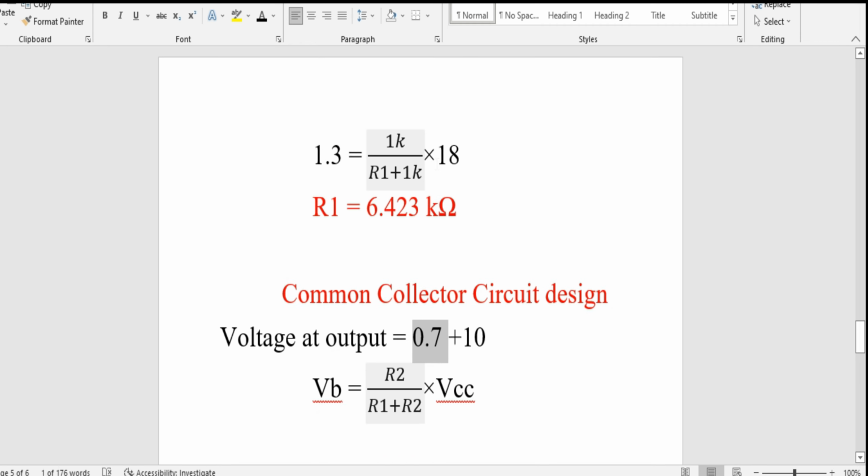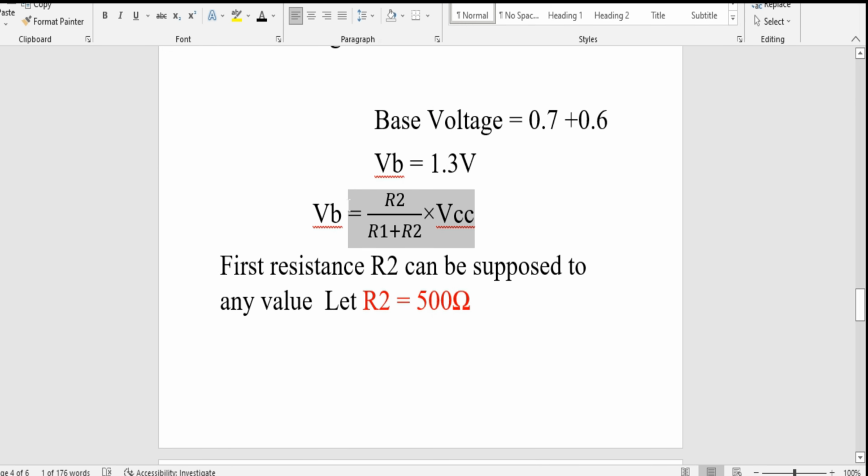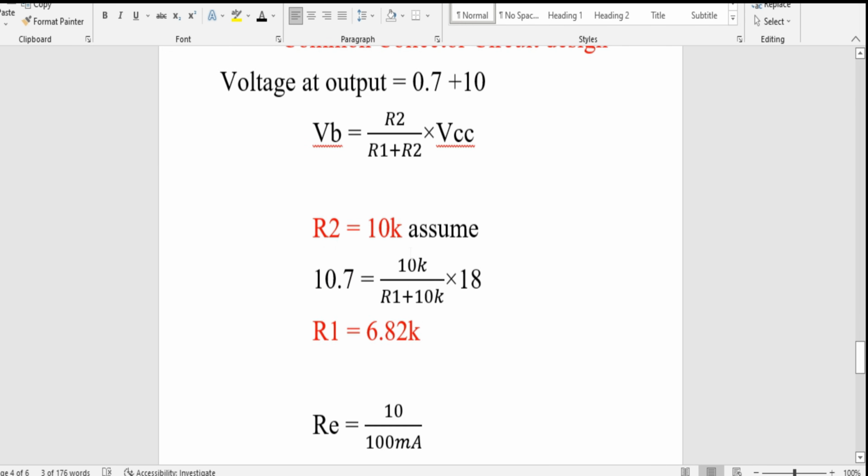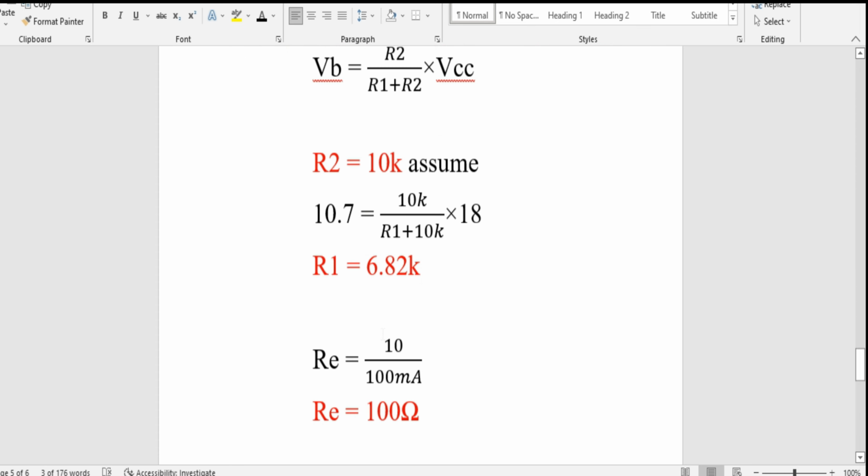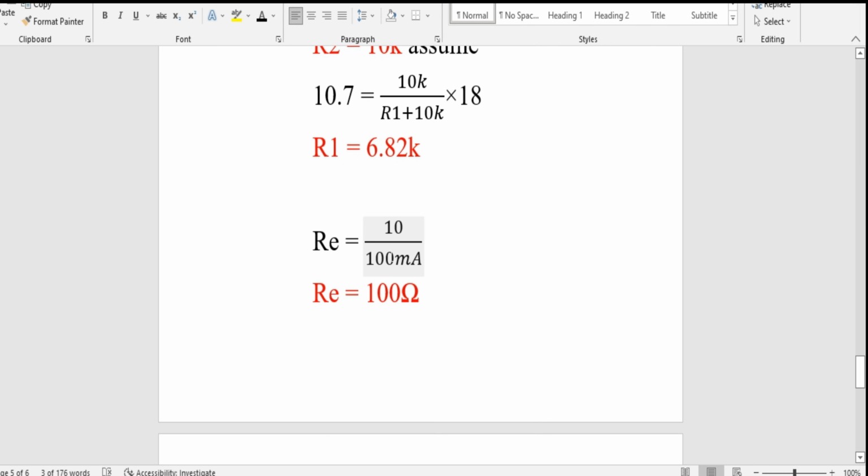So again, using the same formula which I have used here, and assuming one resistance, I assumed R2 as 10k.